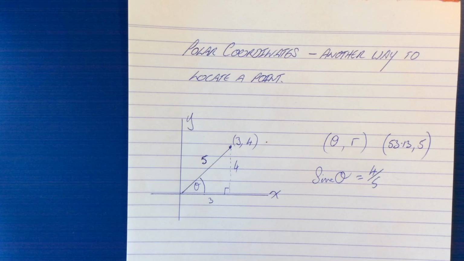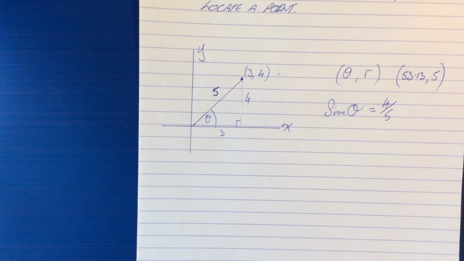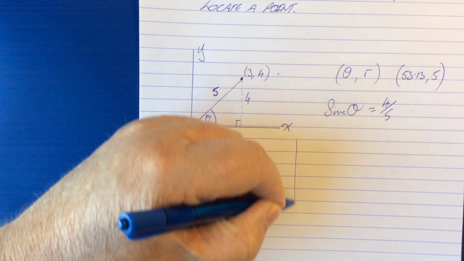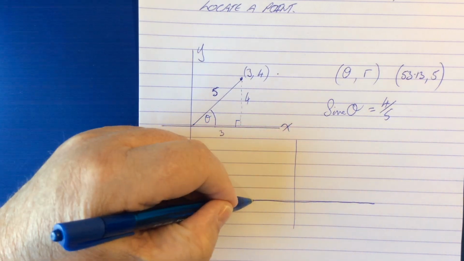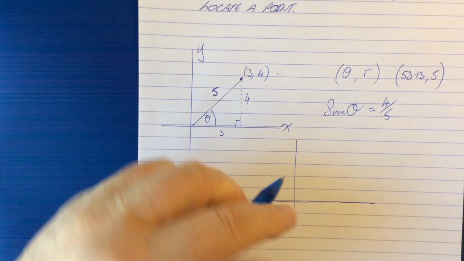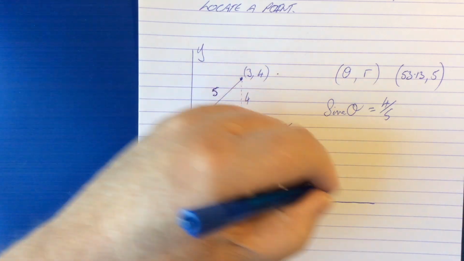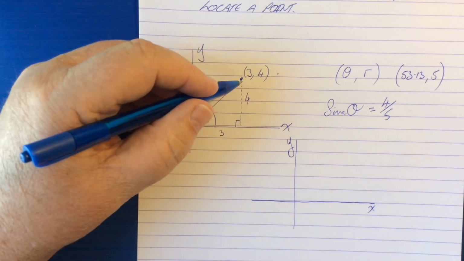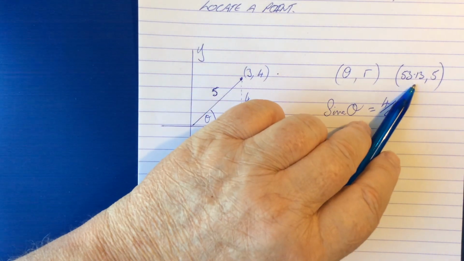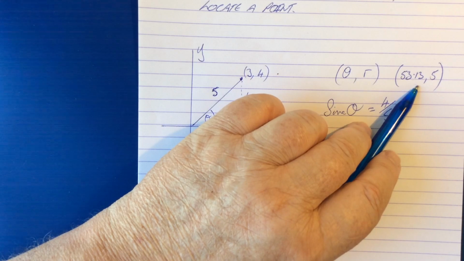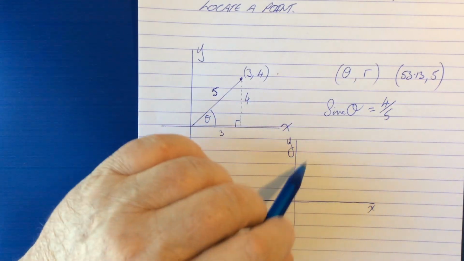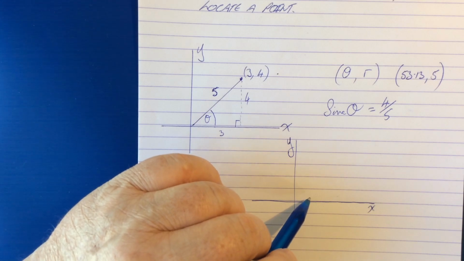And just to make sure that this point is well understood, I'll just draw in a very rough Cartesian plane here, y and x, and what we're looking at is this point somewhere here in this quadrant.